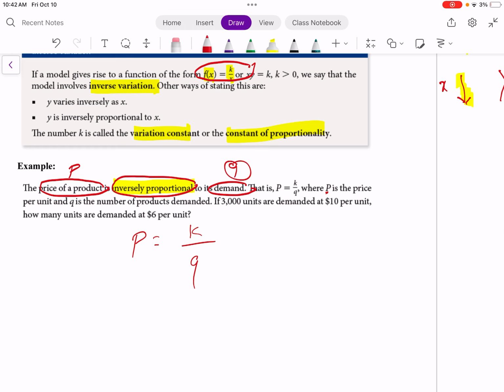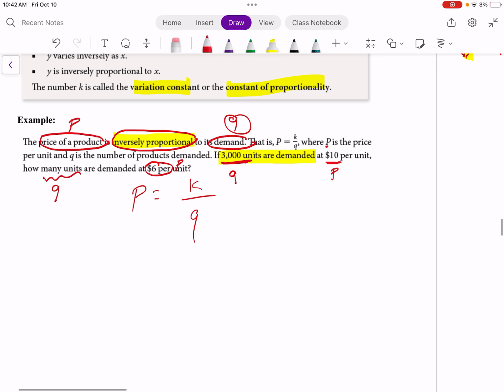Now, if 3000 units are demanded, this is Q, at $10 per unit, this is P. How many units are demanded at $6 per unit? At first we need to find k.